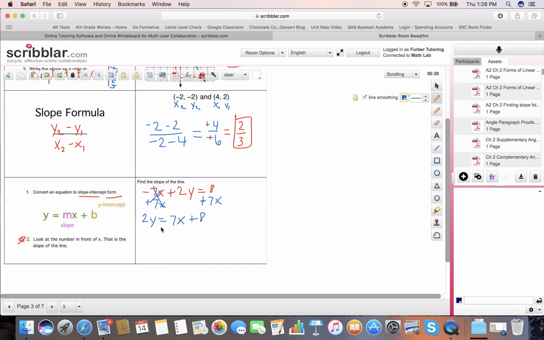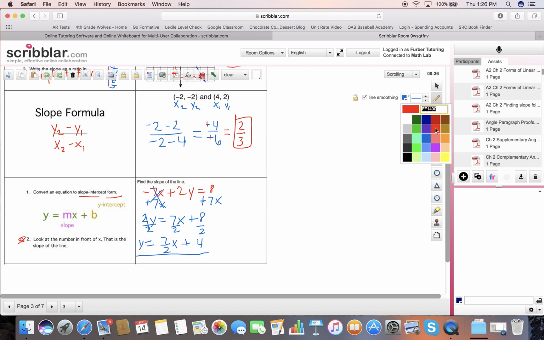And then I have this, and it's still not solved for y, so I'm going to divide by 2. But every term on the right side has to be divided by 2 because there's 2 terms over there. So that's going to leave me with a fraction of 7/2 x plus 8 divided by 2 can simplify. So here's the equation in slope-intercept form.